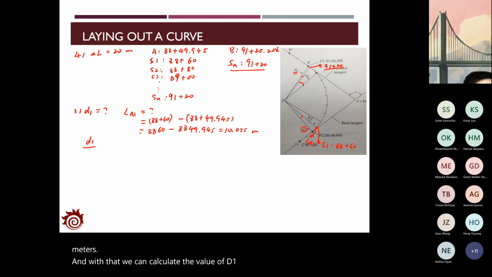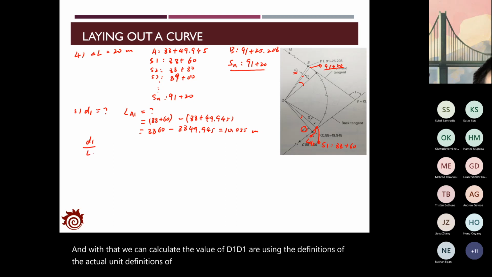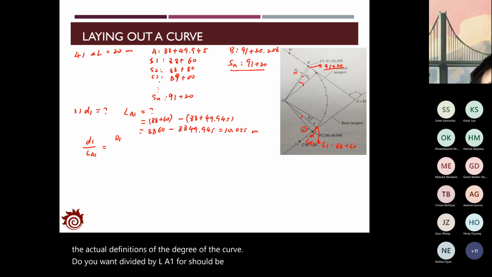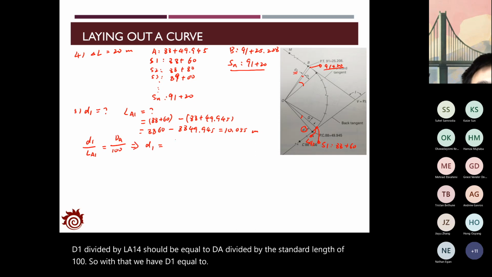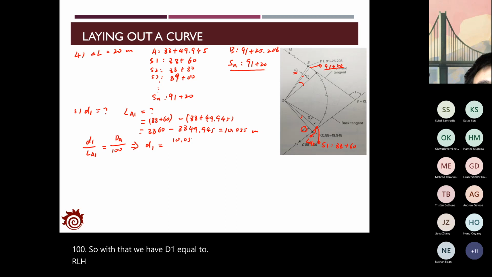And with that, we can calculate the value of D1, using the definition of the degree of the curve. D1 divided by LA1 should be equal to dA divided by the standard length of 100. So with that, we have D1 equal to LA1, which is 10.055, times the value of dA, which is 38 degrees, divided by 100.